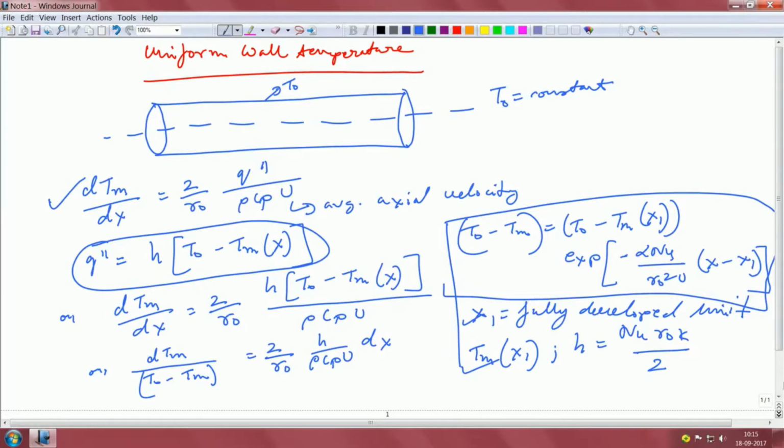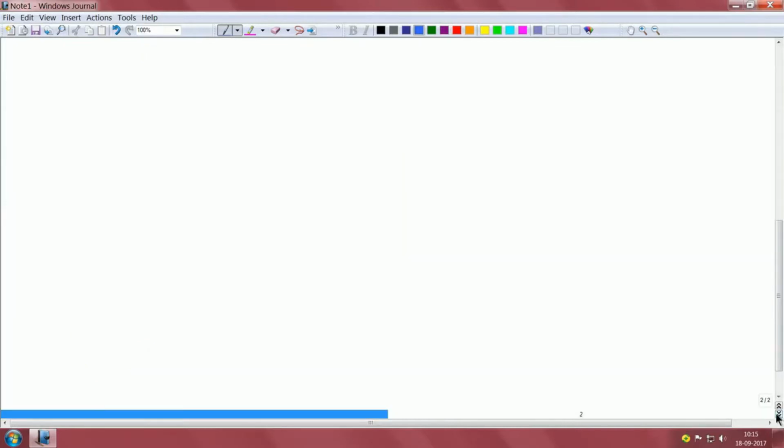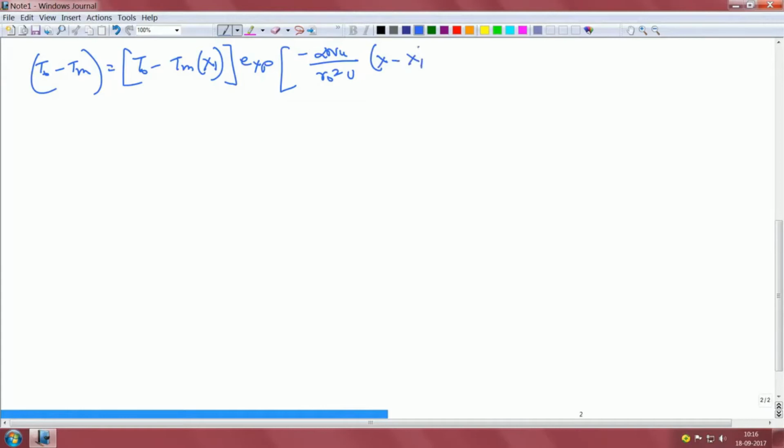Some interesting points to note about this particular expression. Let me write it once again clearly so that you can appreciate it, where x1 is the fully developed limit. That is the expression.